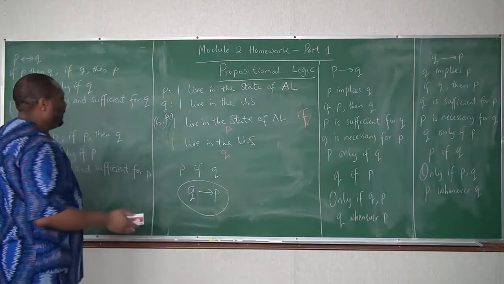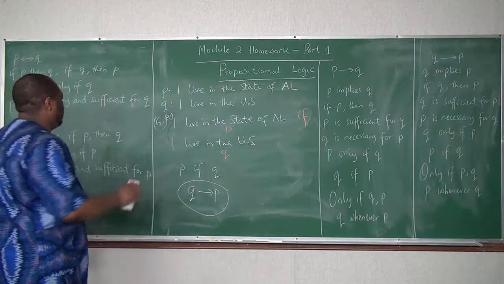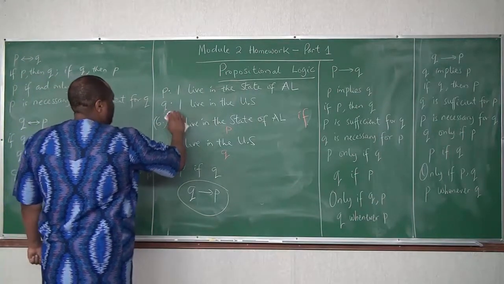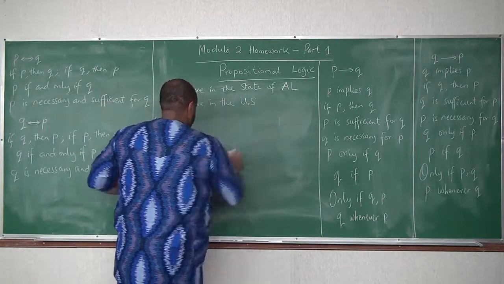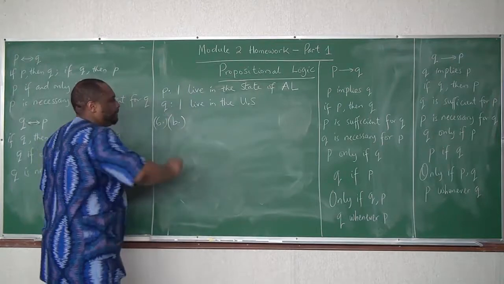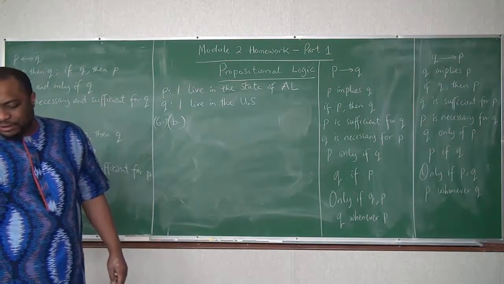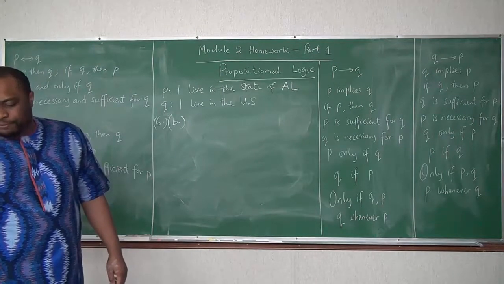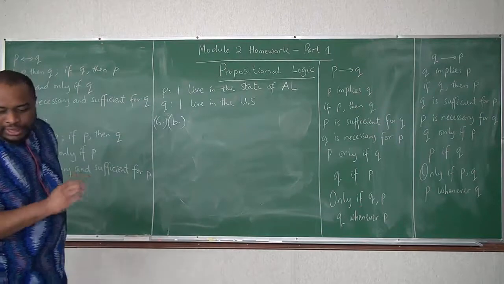Okay. Next one. I will need to erase this to do the other ones. The B part says, I live in the state of Alabama only if I do not live in the US. Okay?